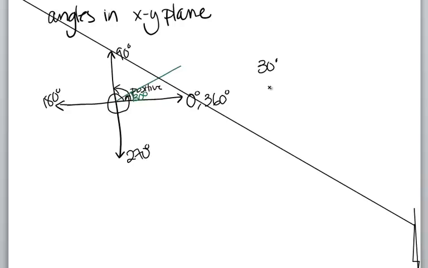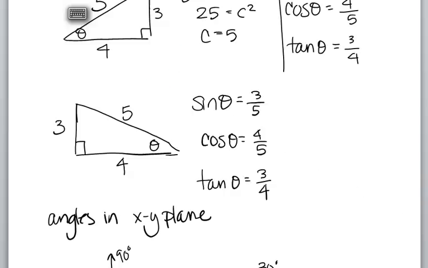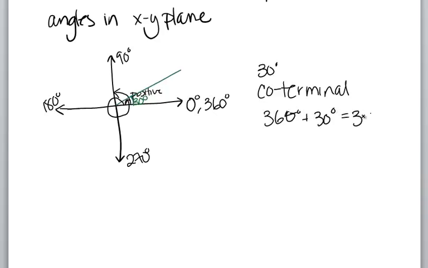And so a coterminal angle, let me write that down. Coterminal meaning that it ends in the same place. A coterminal angle of 30 degrees is 360 plus 30 degrees, which is 390.